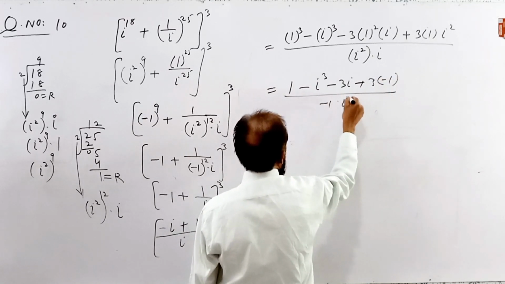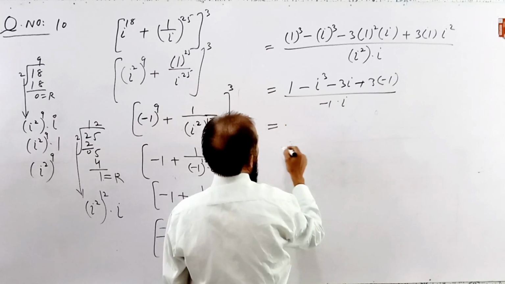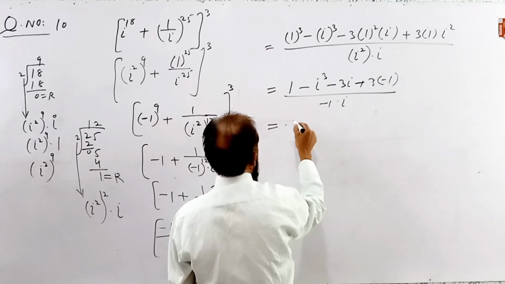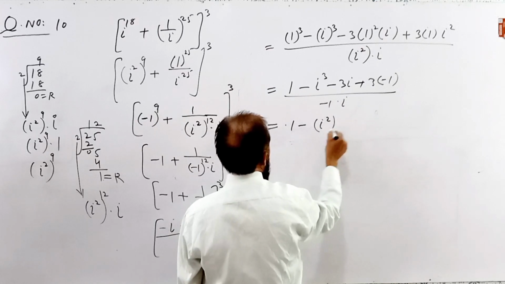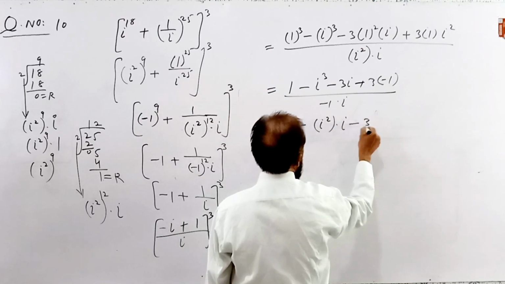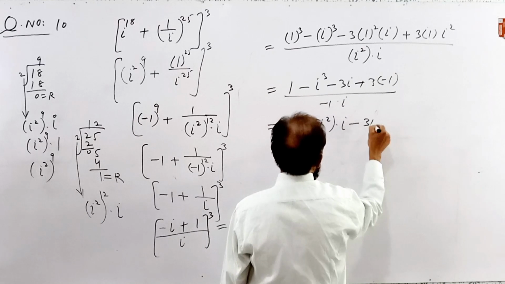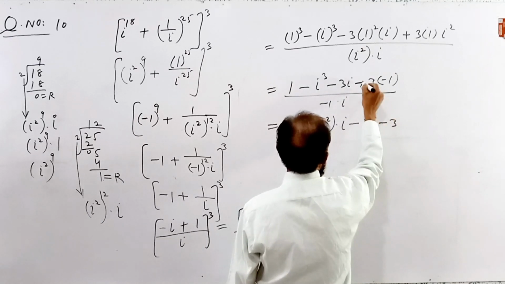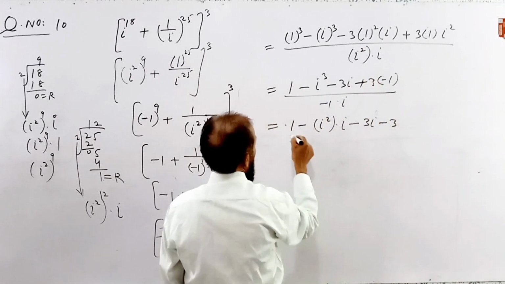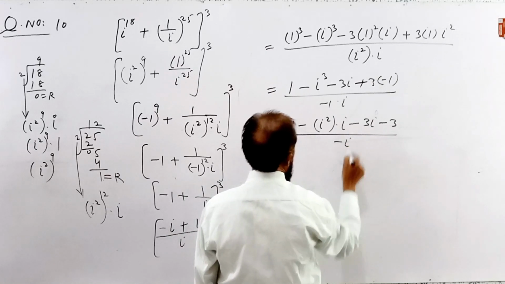1 into iota. Here we can write further this simplification: iota minus iota square into iota plus minus 3 iota minus 3 divided by minus iota.